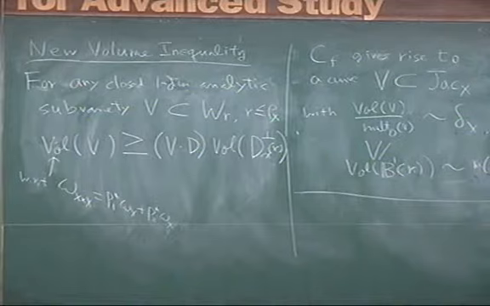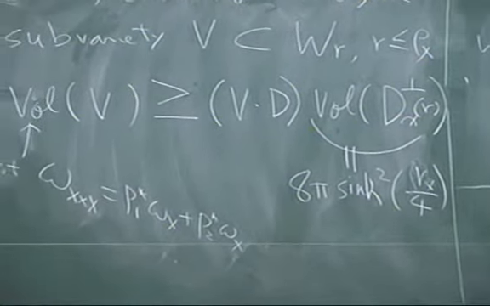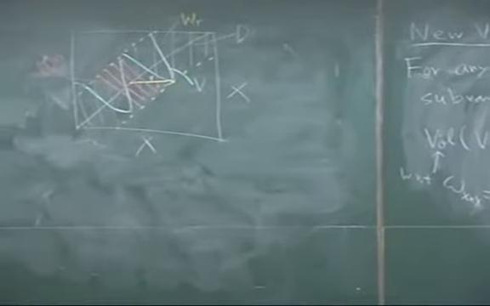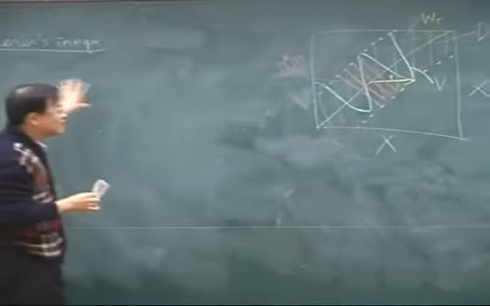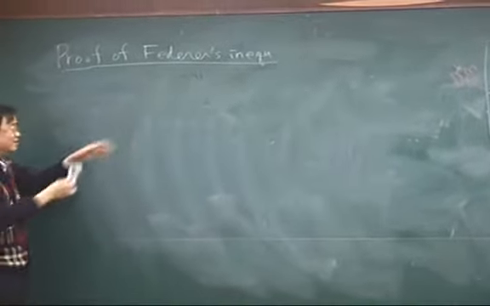Okay. Now let's look at the proof of Federer's inequality, because that's what we need to modify somehow to get this. I'm not going to give you details, but let me explain the ideas.